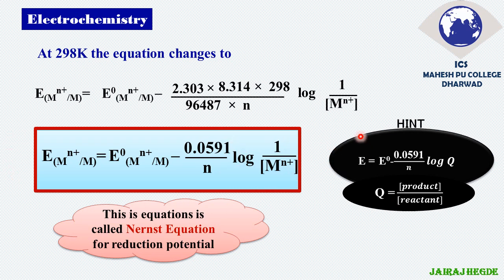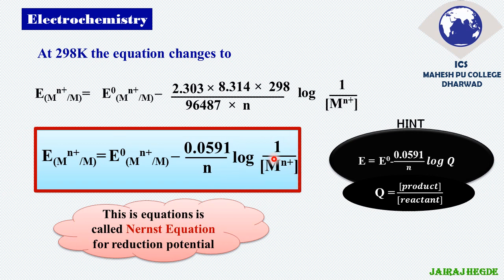This equation we call the Nernst equation for the calculation of reduction potential. However, we can even write E is equal to E naught minus 2.303 RT by nF log of 1 by Mn plus. That also can be written.